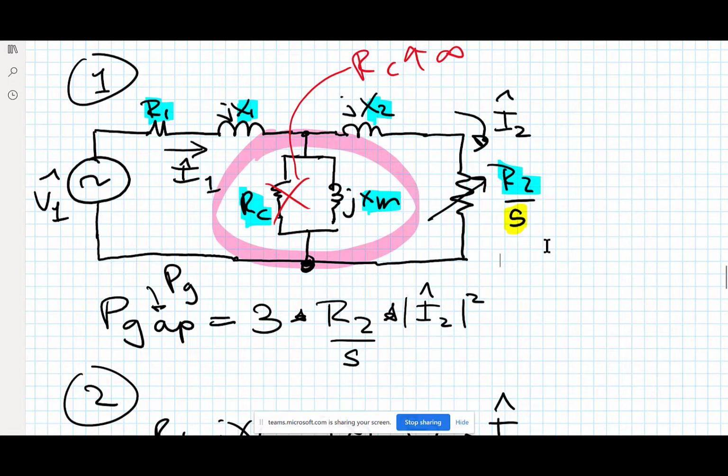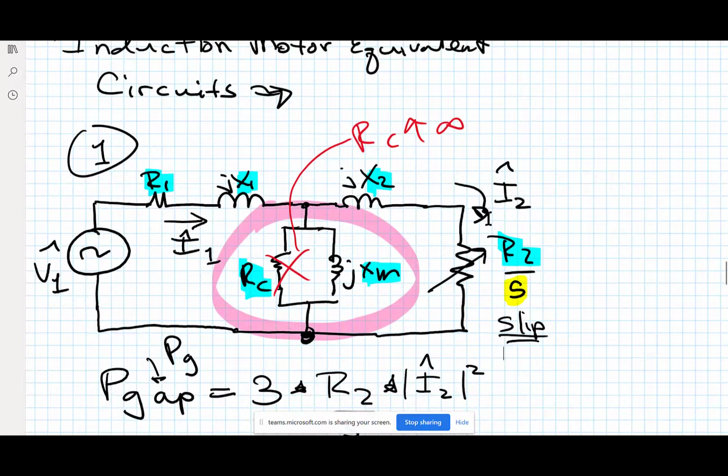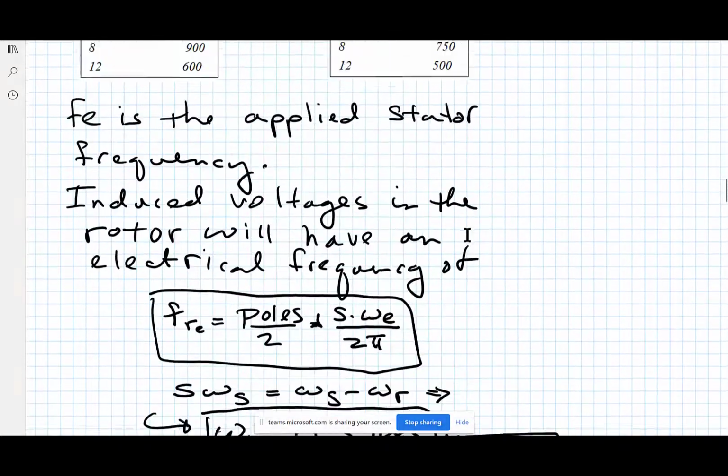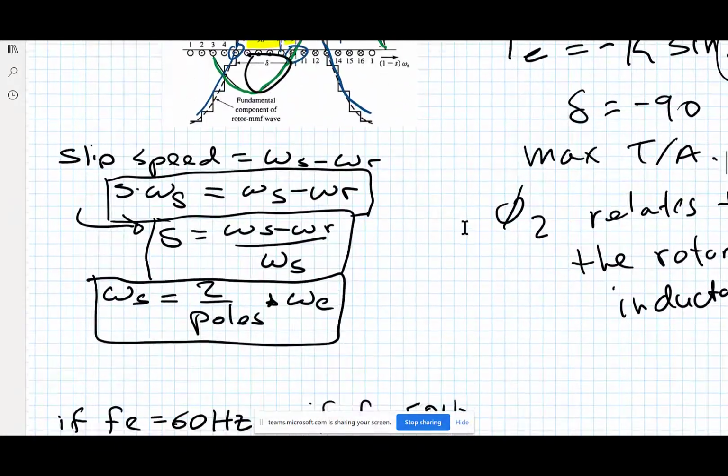That s varies. It's called slip, and slip represents the difference between the speeds of the synchronous flux and the rotor flux. So let's go up and talk about that a little bit here.